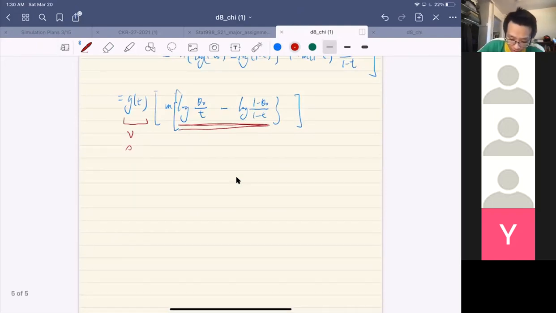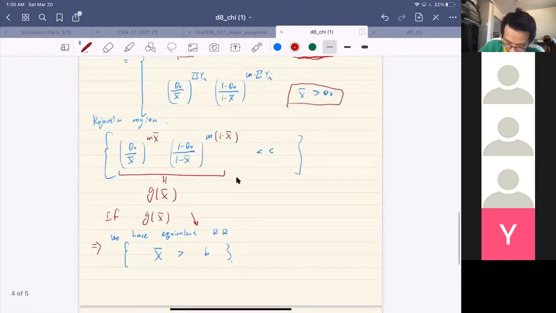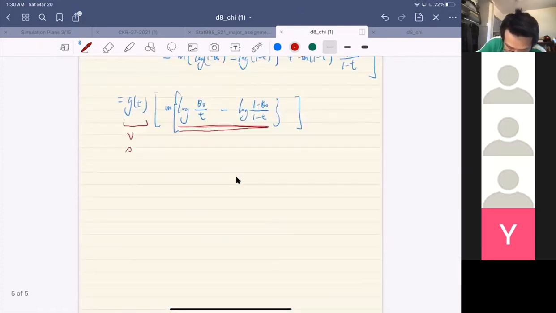So we know that here s bar should be greater than theta nino. So that means t should be greater than theta nino, so theta nino divided by t will be smaller than 1. So the log of theta nino divided by t is negative.